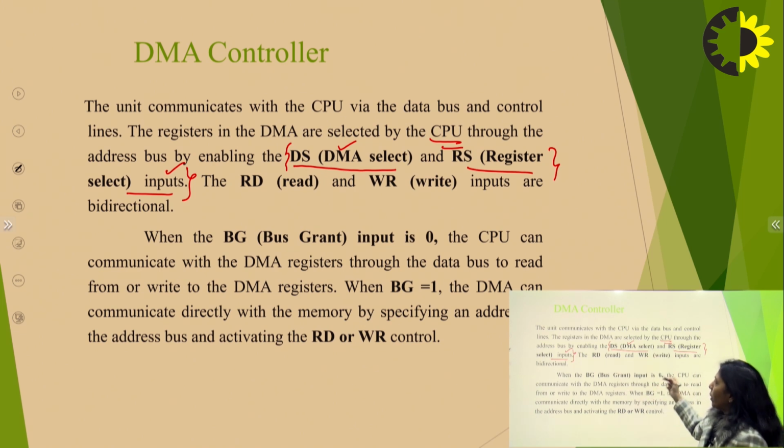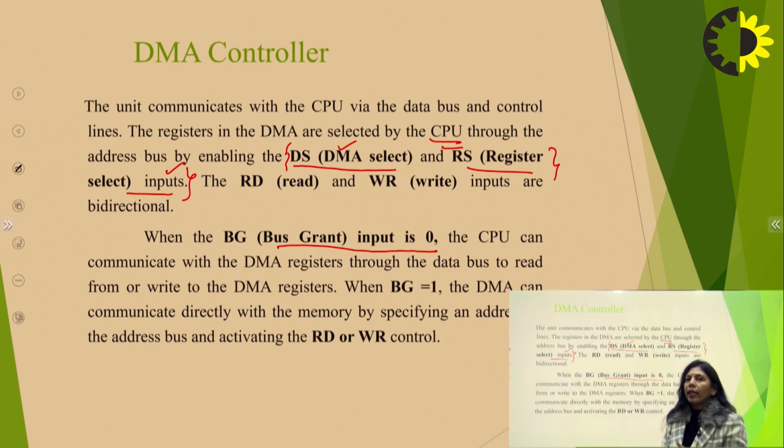It has to enable itself, and only then can the DMA take full control of the particular data transfer. And when the bus grant input is 0, the CPU can communicate with the DMA registers. At that time only, it can handle all the register transfer modes. It can handle information like what the starting point is, how much data is to be transferred, and what mode is to be selected. It will also activate whether it is a read or write control.